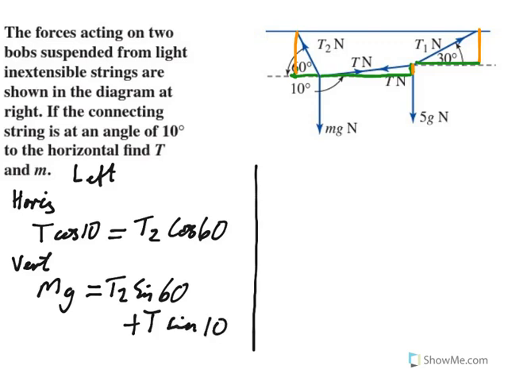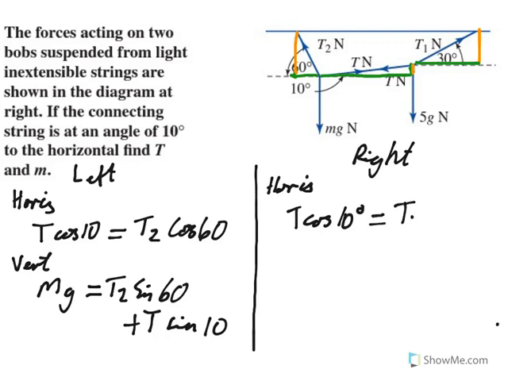The one on the right, horizontally, we've got T cos 10. Let's remember that tension is the same both ways. And it equals T1 cos 30.